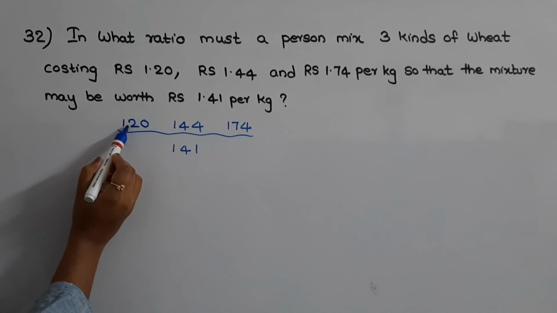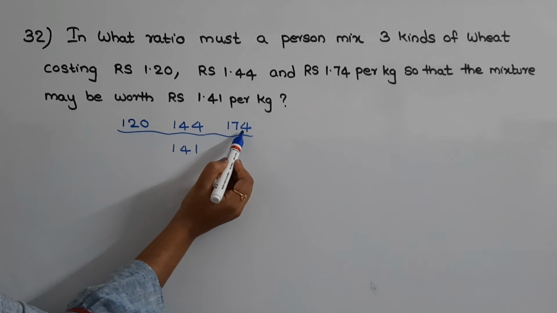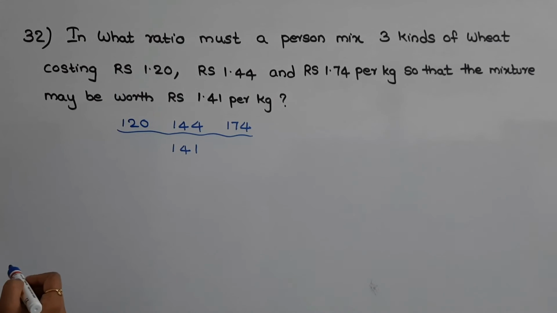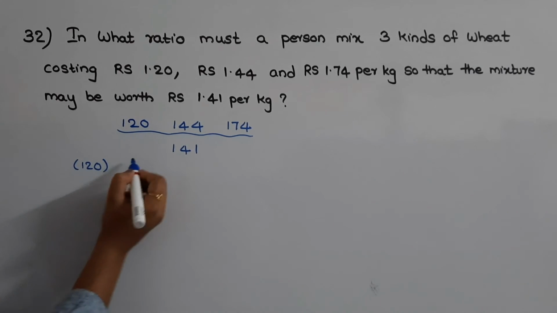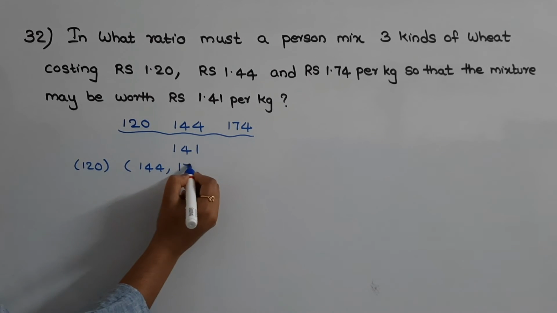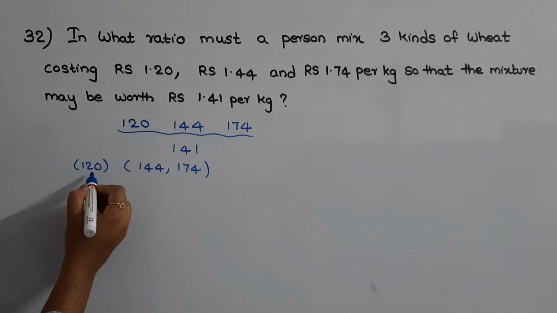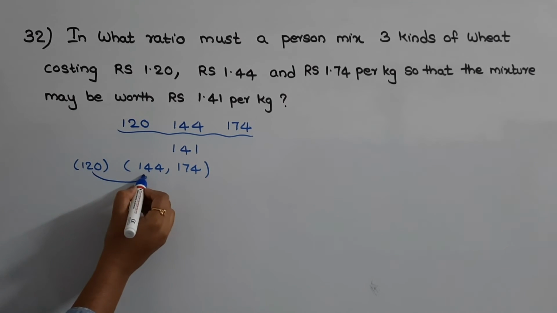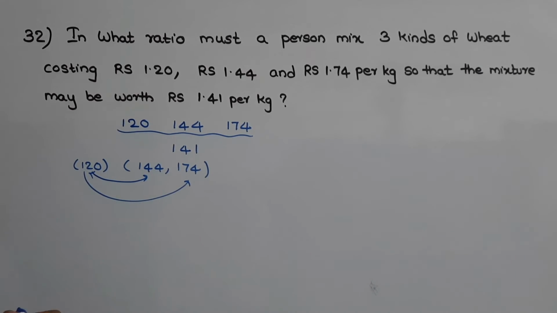Here 120 is less than 141 and 144 and 174 are greater than 141. So let us take 120 as the first part and 144 and 174 as the second part. Now we need to do the alligation of 120 and 144 and then 120 and 174.